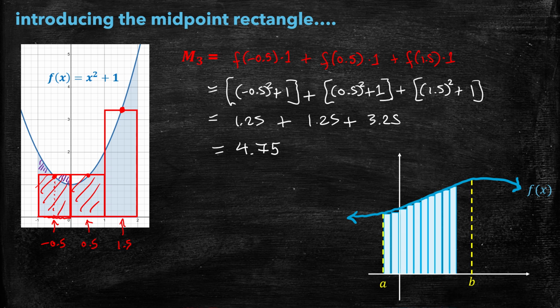There's going to be some differences in accuracy, but you can imagine if we got to infinitely many rectangles that are each infinitely thin, then we might actually be able to accurately work out the area under a curve.